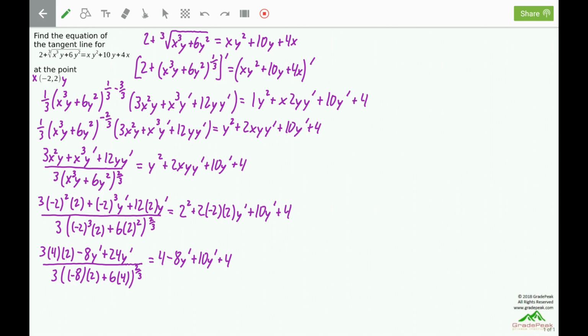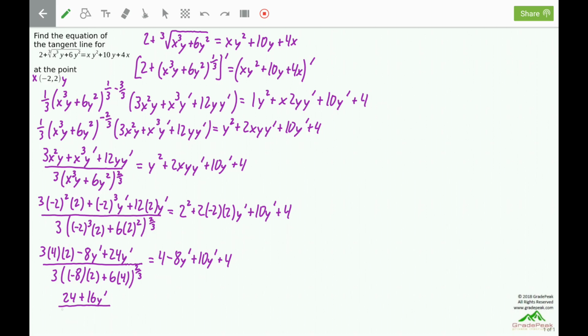So back on the left, we have 3 times 4, which is 12, times a 2, which is a 24. We have a negative 8 y prime plus a 24 y prime, which is plus 16 y prime on the numerator.